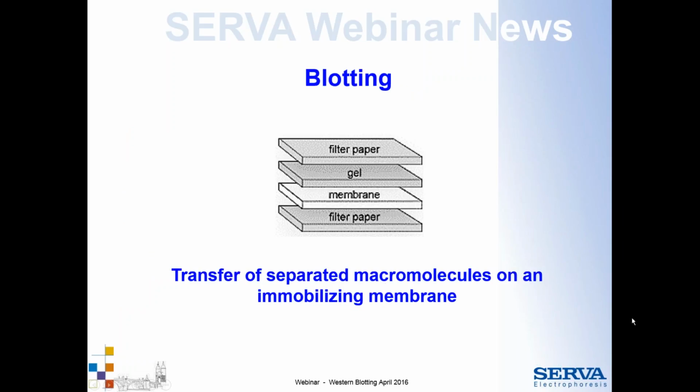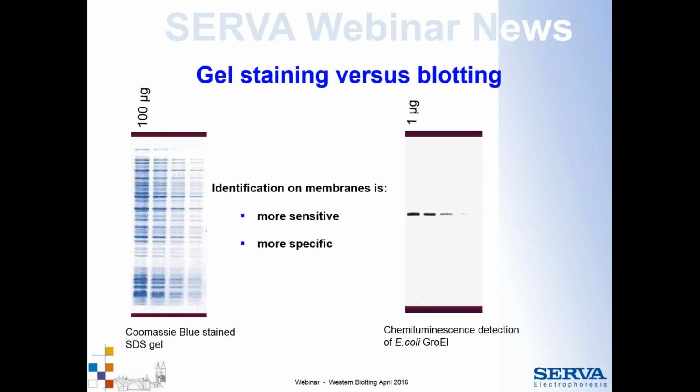So blotting, what is blotting? Blotting is the transfer of separated bio or macromolecules onto an immobilizing membrane. So what is the advantage of blotting compared to the common gel staining? As you can see on the left hand side, it's a Coomassie stained gel, and you will get the complete proteins stained on this gel, but you do not get any information about what protein is especially stained.